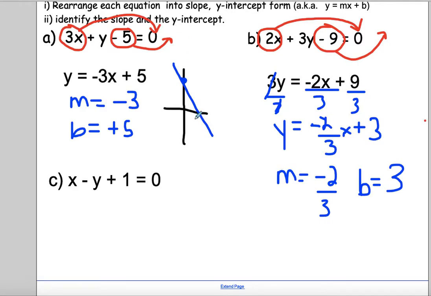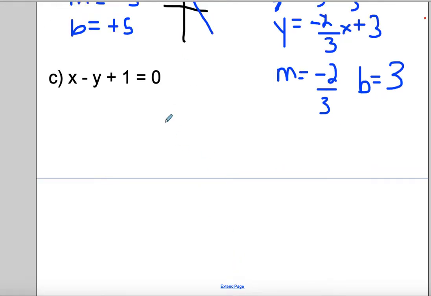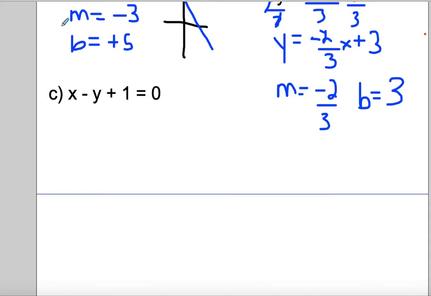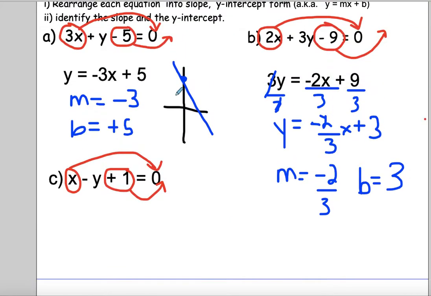Last question. We're going to, again, start to isolate that y. So we're going to take this positive x and send it over. We're going to take this positive 1 and send it over. Just a little note, the 0 goes away because it's replaced by what we're sending to the other side.